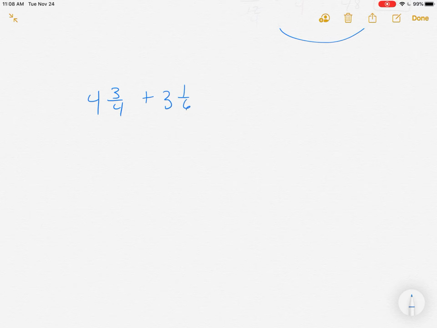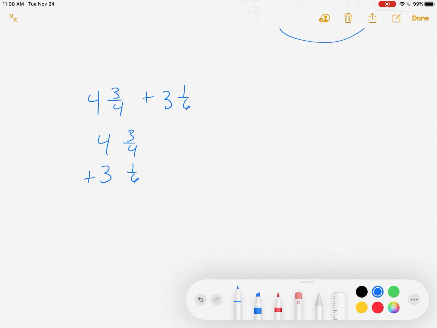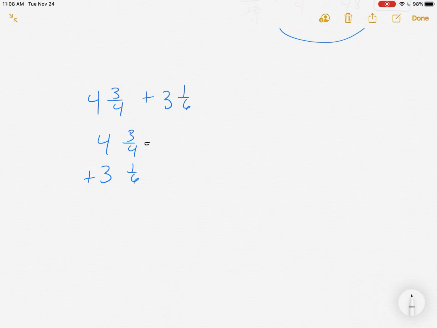And so what we need to do is just add their fraction parts and add their whole number parts. So if I line them up, my recommendation would be to put them right over one another. If we're going to add the fraction parts, those fractions are going to have to change. They're both going to have the same denominator, and the first time they hook up with is 12.